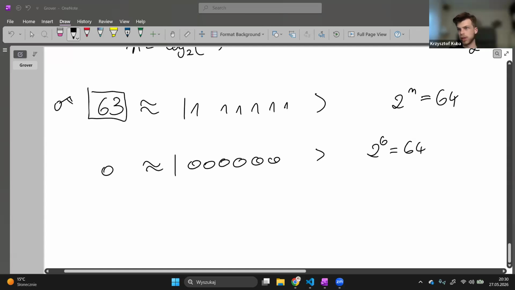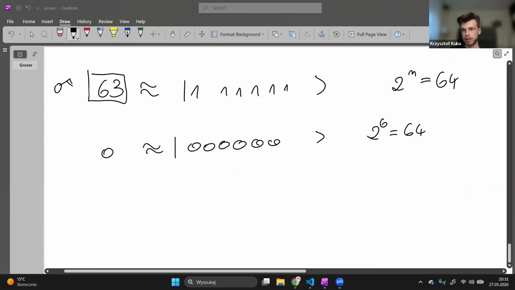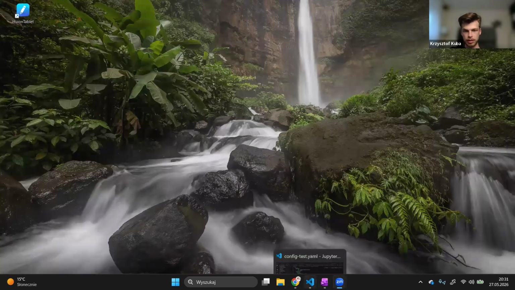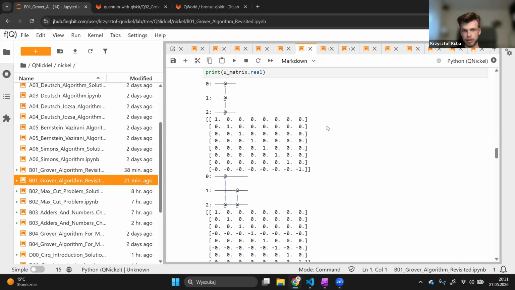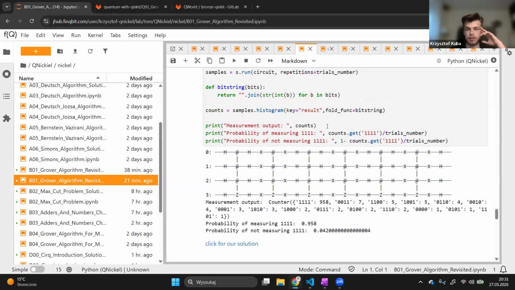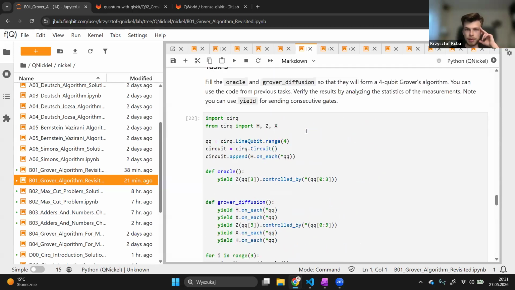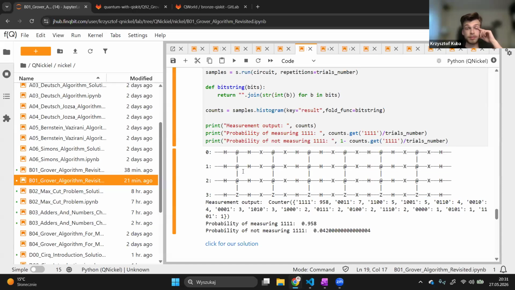Does the final state always collapse to the key after the proper number of iterations? No, it collapses with a very, very high probability. Yes, this is it. So look, we have implemented our Grover algorithm with Hadamard gates, Z, which is the oracle, and the Grover diffusion operator.